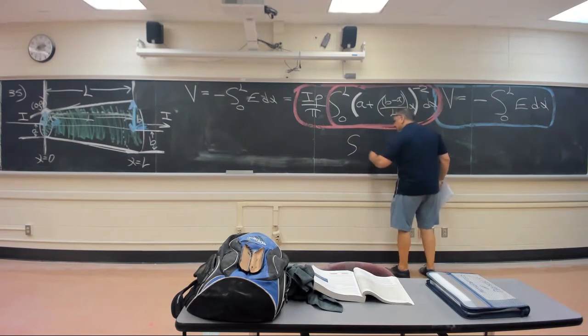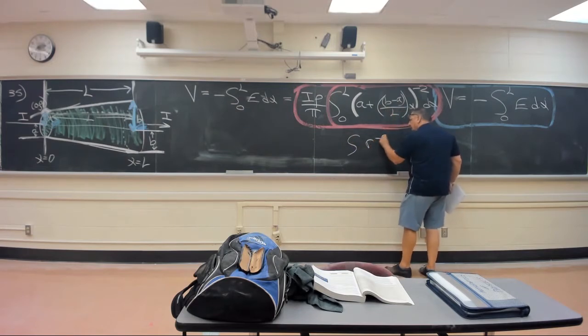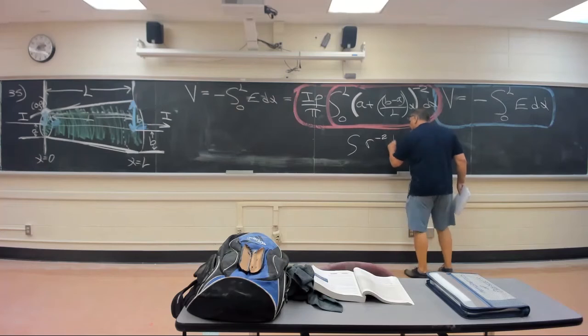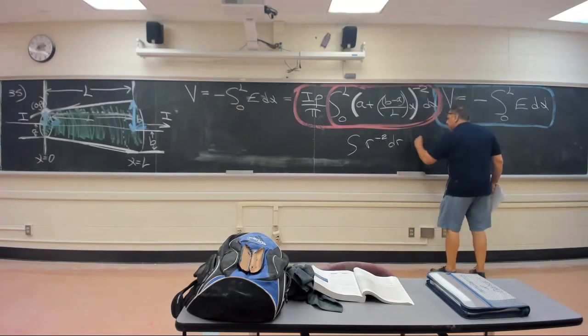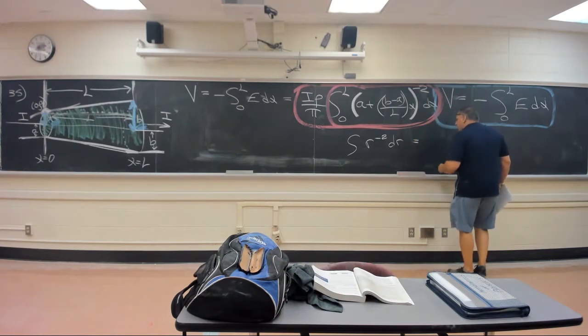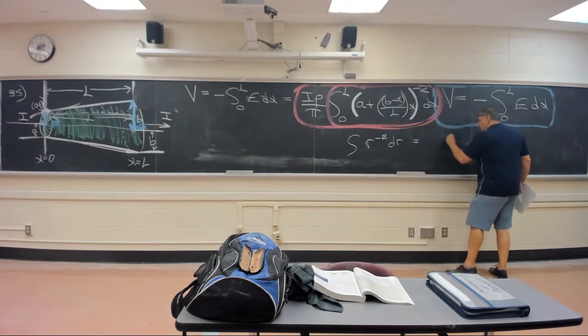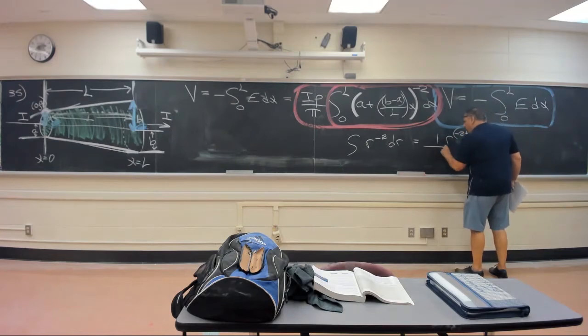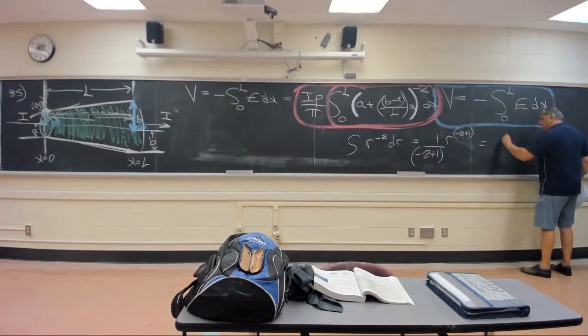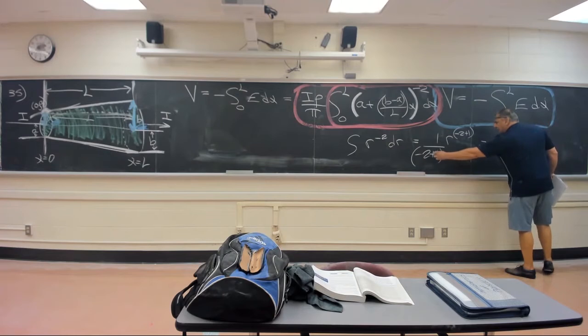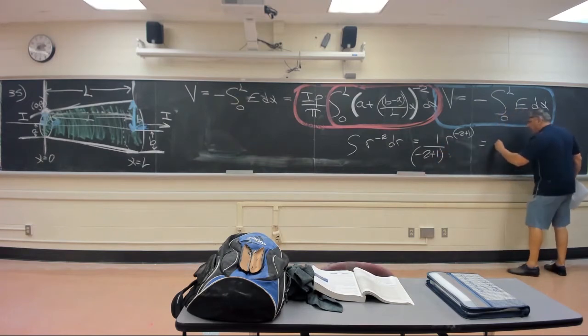let's kind of say it like this. If we were getting r to the negative 2, dr, let's say, what would be going on here? It would be add 1 to that, and then go 1 over negative 2 plus 1. And you end up getting 1 over, that's negative 1. 1 over negative 1 is negative 1.